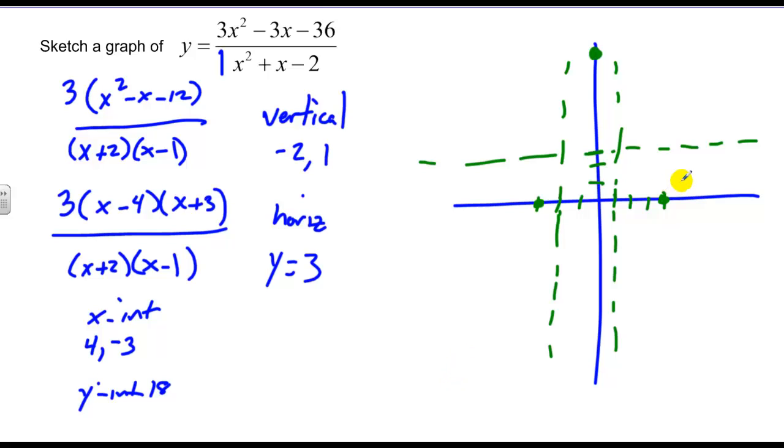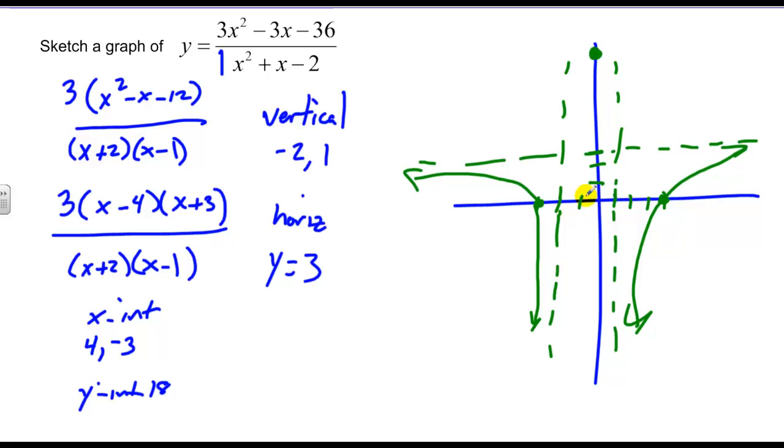Once again, I know that it goes through this point and has to approach this line as I get further and further out, so I know this is going to have to look something like this, and this will go down here. Likewise on the left side, it's got to approach this line, and then as it gets further and further to the negative direction, it approaches this line. So it's got to look something like that.